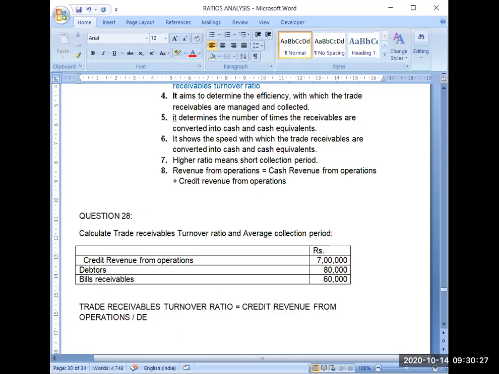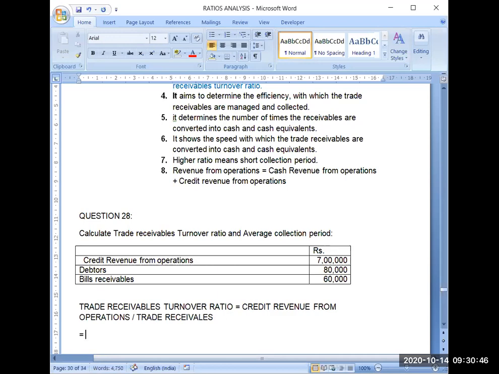Because here opening balances are not given, I will simply write trade receivables. If opening and closing balances were available, I would have calculated the average. But here I will not be able to calculate the average, so that's why I will simply write trade receivables.